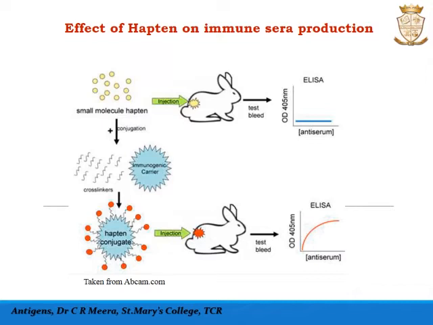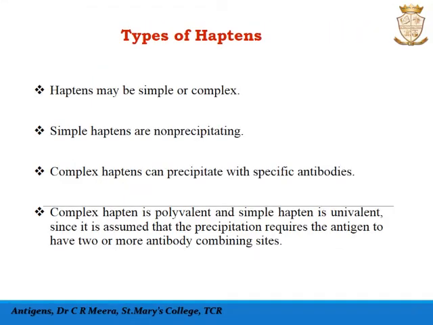There are two types of haptens: simple haptens and complex haptens. Simple haptens do not precipitate on reaction with antibodies. In other words, simple haptens are non-precipitating, whereas the complex haptens form precipitate on reaction with specific antibodies.